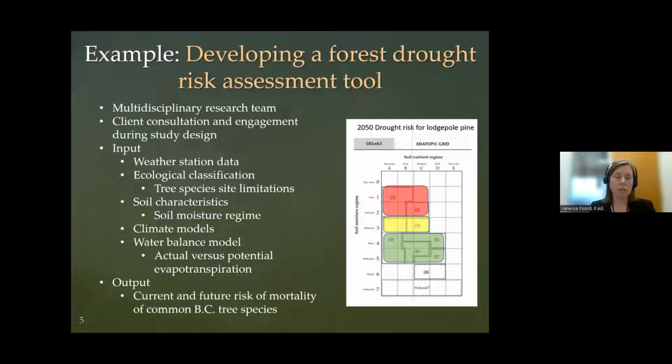It also integrates soil characteristics, the most prevalent one being soil moisture regime. And then we integrate climate models and also a water balance model to get at that drought component. The water balance model we use is basically actual versus potential evapotranspiration. And then the output is current and future risk of mortality of common BC tree species.